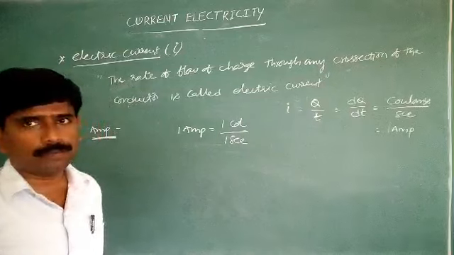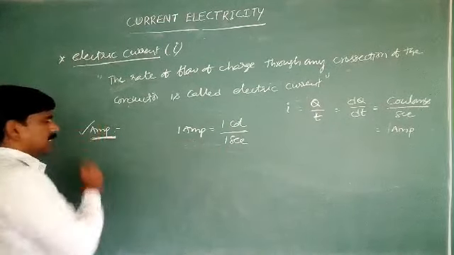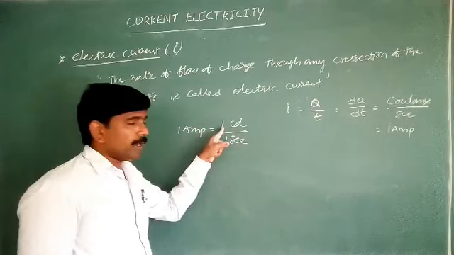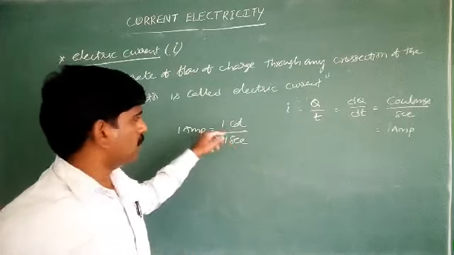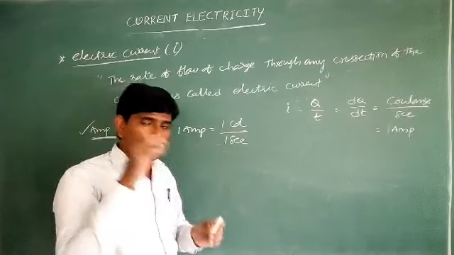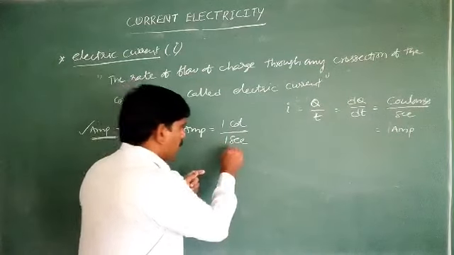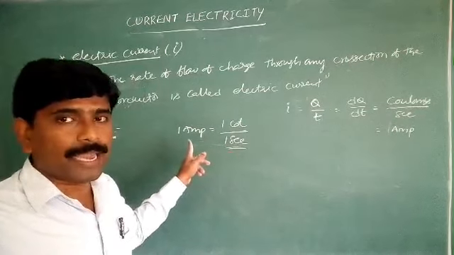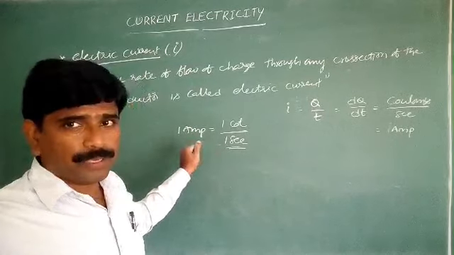From this, the ampere is defined as follows: if 1 coulomb of charge passes through the conductor across a cross-sectional area in 1 second, that is defined as 1 ampere.